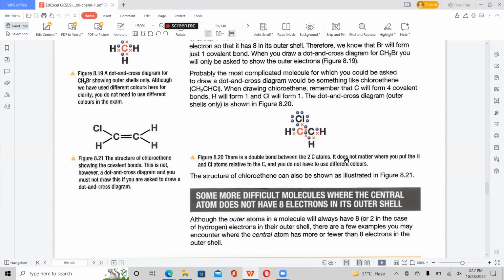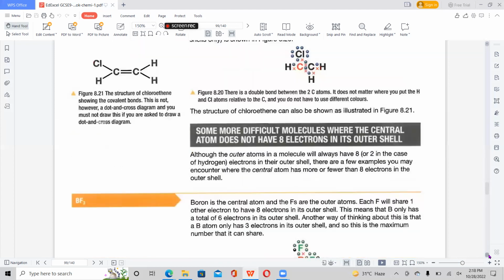If we look at the electronegativity, chlorine is most electronegative, then carbon, and least electronegative or electropositive would be hydrogen. So they are going to attract each other. Chlorine attracts electrons from carbon, and carbon attracts electrons from hydrogen.